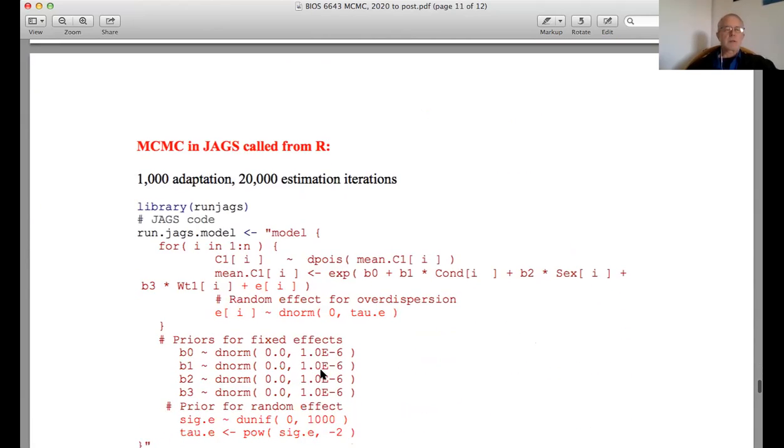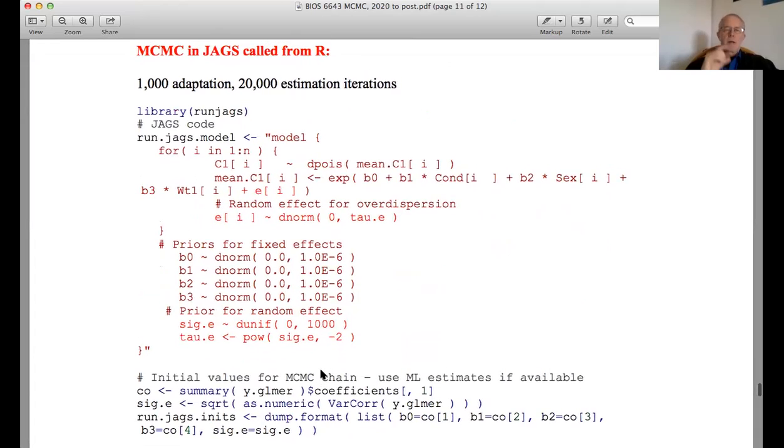Okay, so let's do the same thing in JAGS. So here's the plus epsilon. We don't have many modifications to make. We have to specify there's a random effect. That's normal. We have to specify priors. Okay, so this is slightly tricky. Bayesians always parameterize in terms of 1 over the variance, what they call a precision.